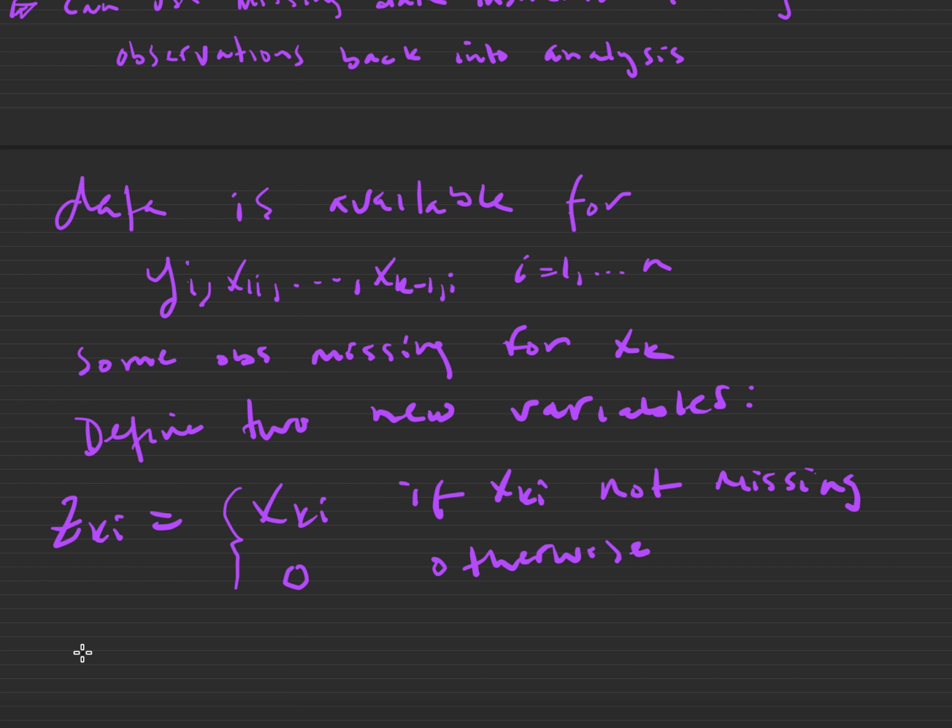And then we define a dummy variable, mki, which is equal to 1 if xki is missing, and 0 otherwise.